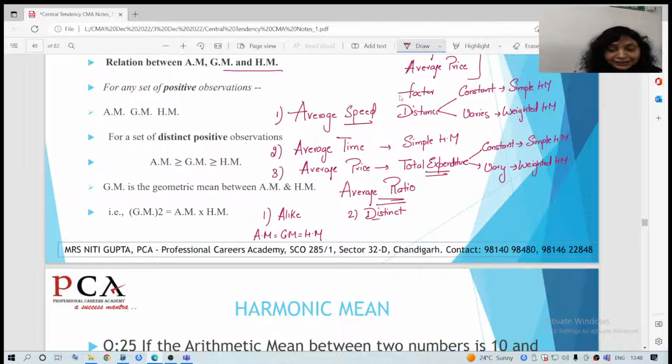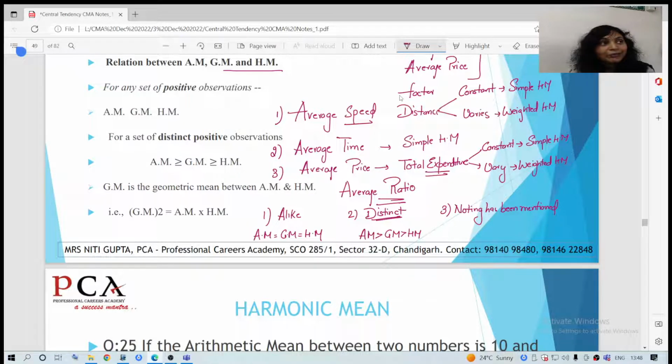If the question says all the items are distinct, then you say AM is greater than GM is greater than HM. And if nothing has been mentioned about the nature of items, whether they are same or distinct, in that case arithmetic mean is greater than or equal to geometric mean is greater than or equal to harmonic mean, then you have to click on this option.